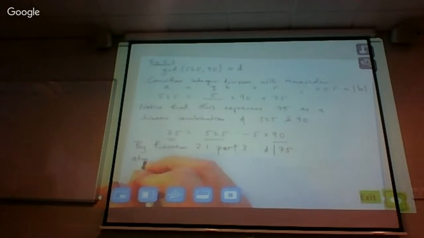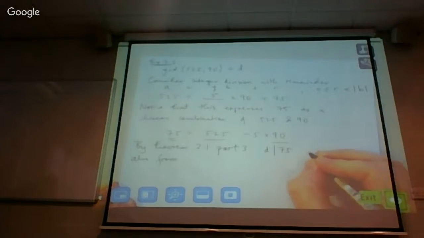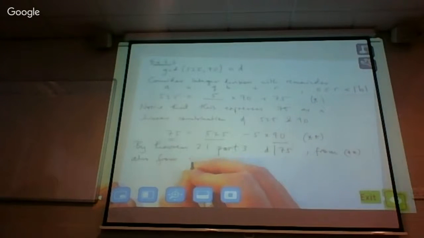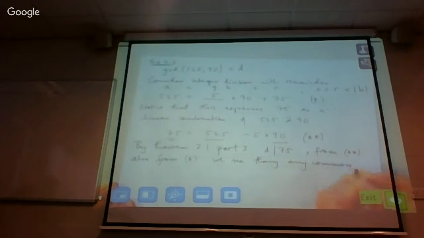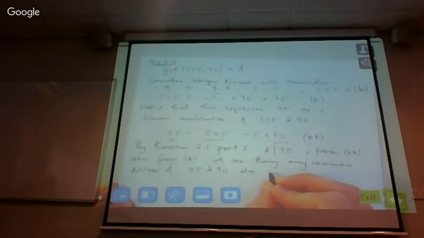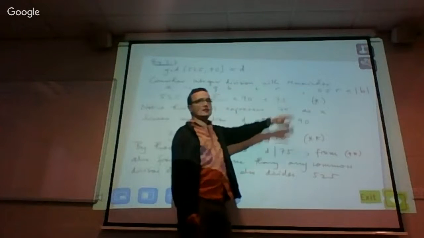And also, from this first equation, so let's say this is from star star. From the first version of the equation, from star, we see that any common divisor of 75 and 90 also divides 525, because here's 525 as a linear combination of 90 and 75.